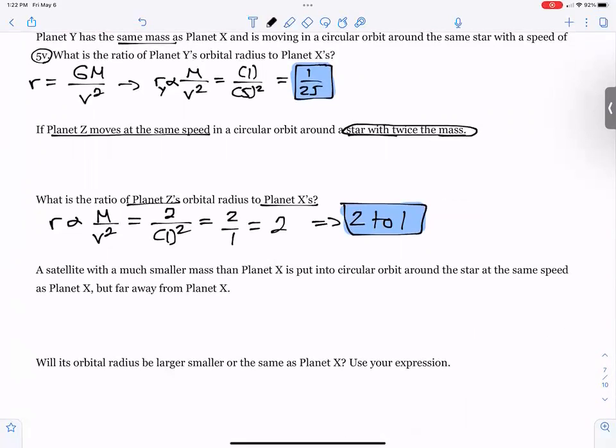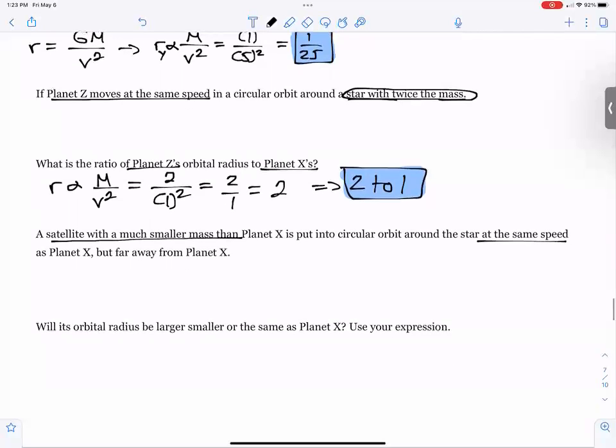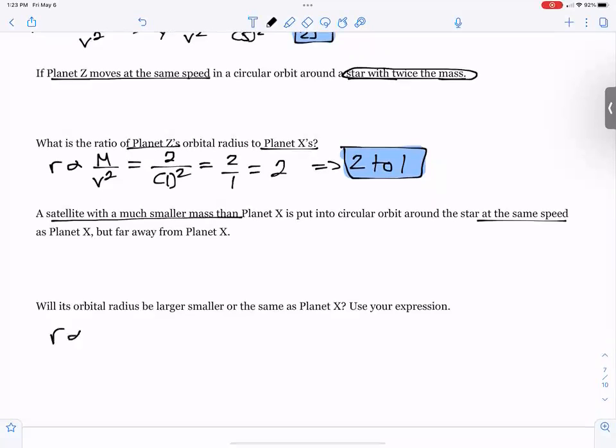And then finally, it says a satellite with a much smaller mass than planet X is put into circular orbit around the star at the same speed. So it's got the same speed, but it's got a smaller mass. Now it says, will the orbital radius be larger, smaller, or the same? So again, orbital radius is proportional to mass over v squared.